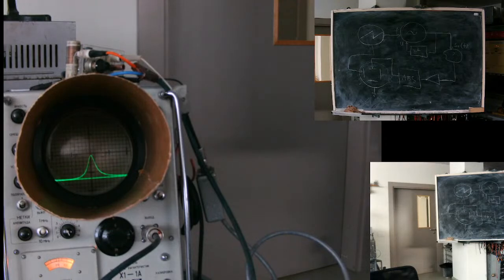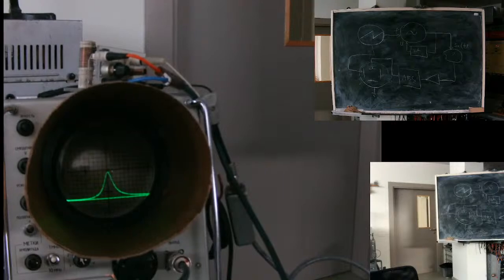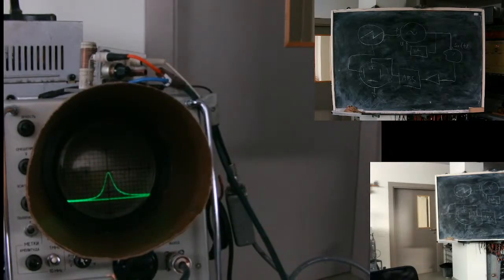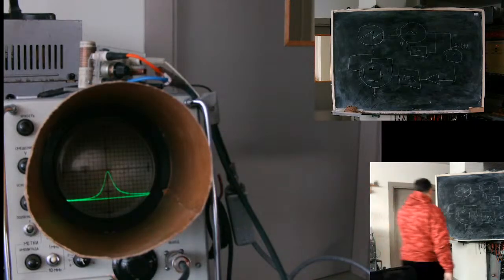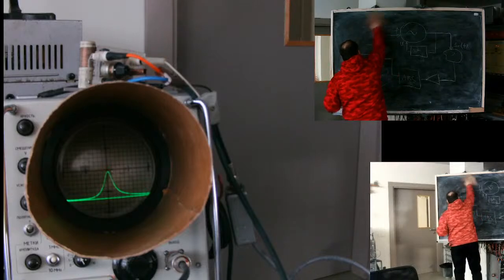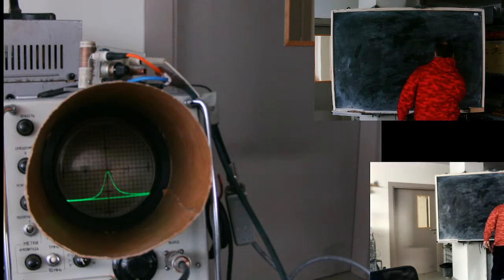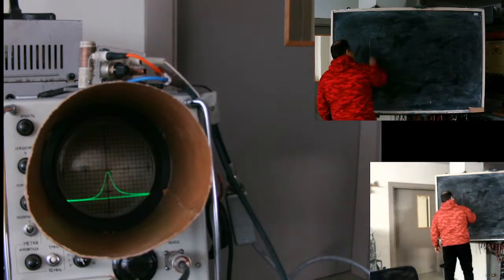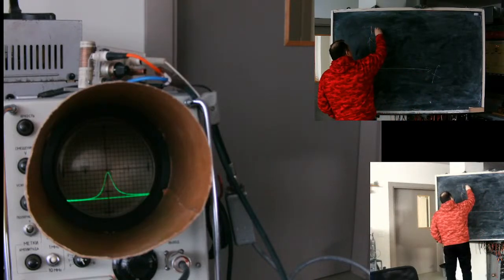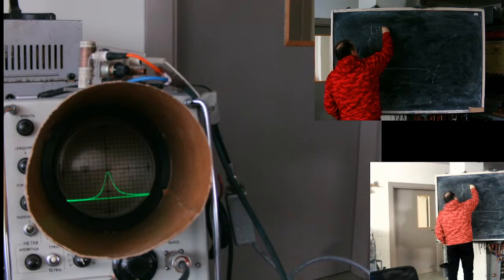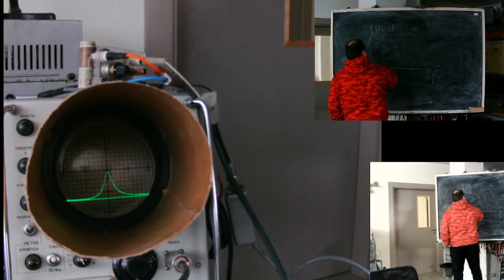Here is the characteristic. From the table, on the horizontal axis we have frequency. Here we have the absolute value of the transfer function.